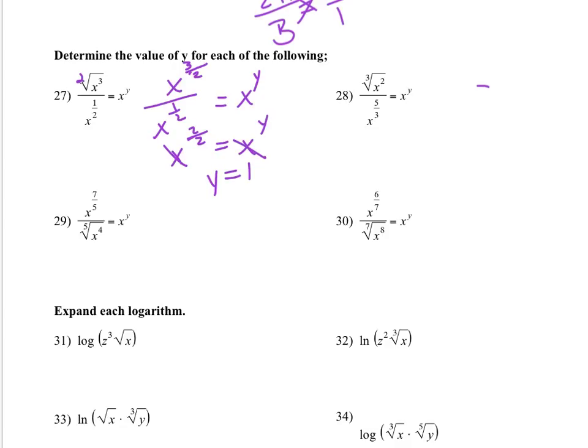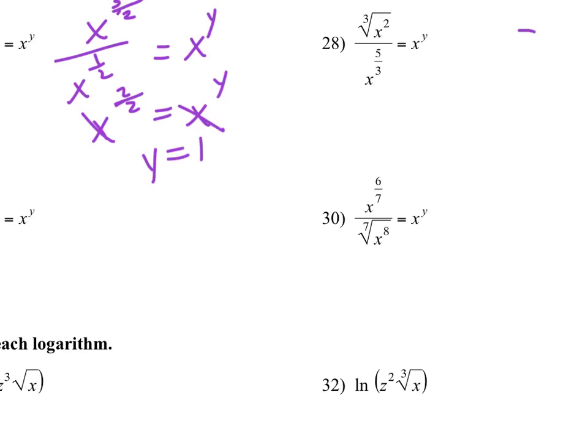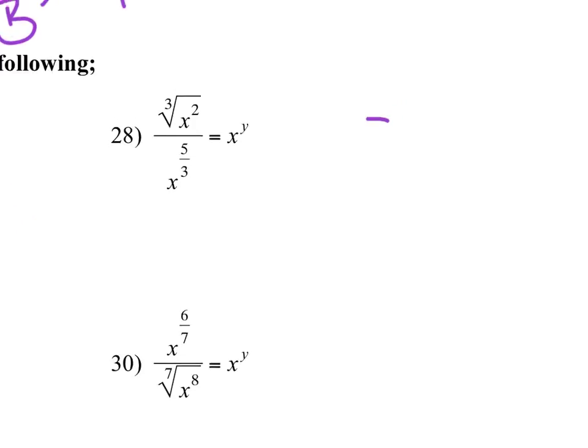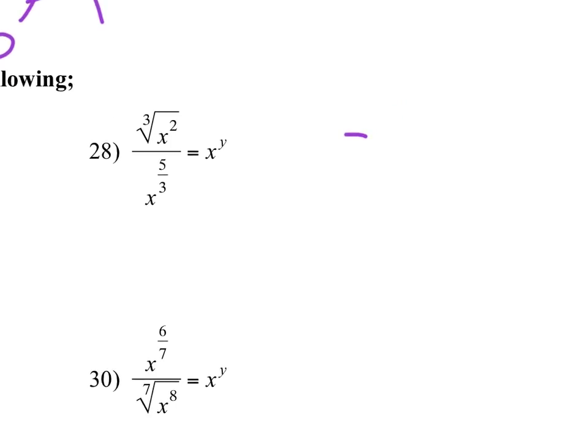So 28, I'm just going to make this a little bigger. Oh my god, I can't do this. So I change this to a fractional exponent. Remember, this is the bottom, this is the top. x to the 2 over 3 over x to the 5 over 3.